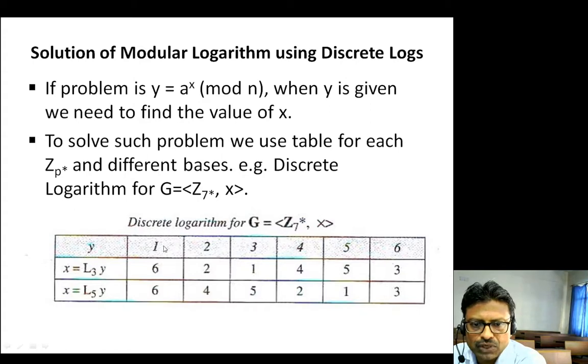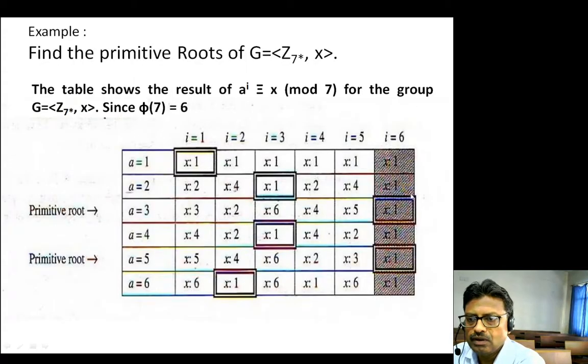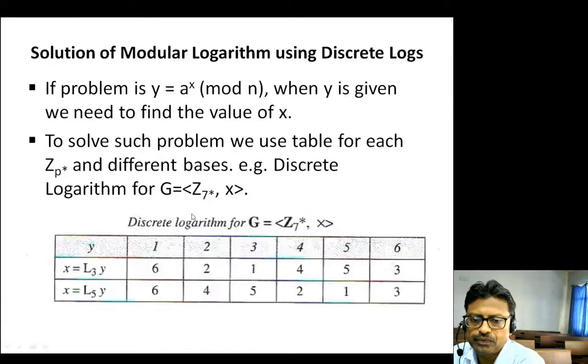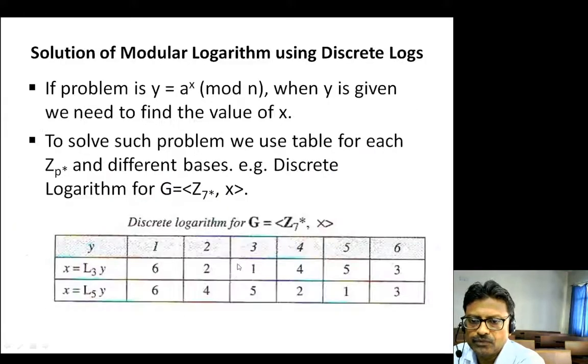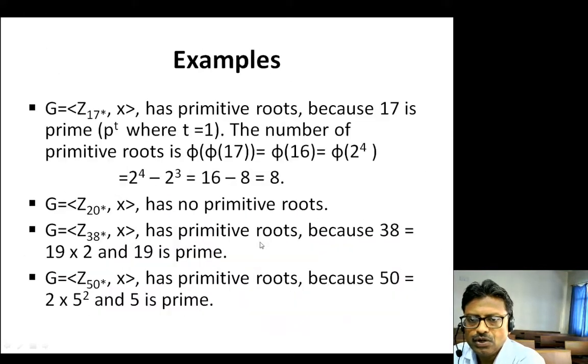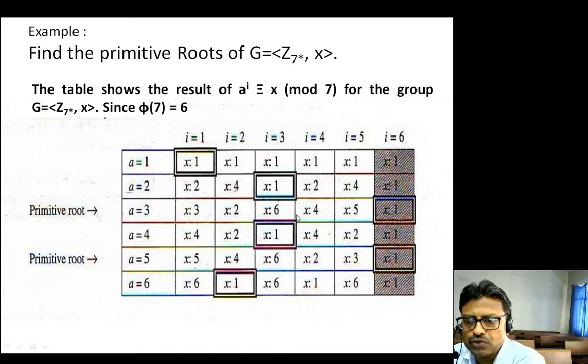When y is equal to 1, x is equal to 6. When y is equal to 2, x is equal to 2. When y is equal to 3, x is equal to 1. When y is equal to 4, x will be equal to 4.